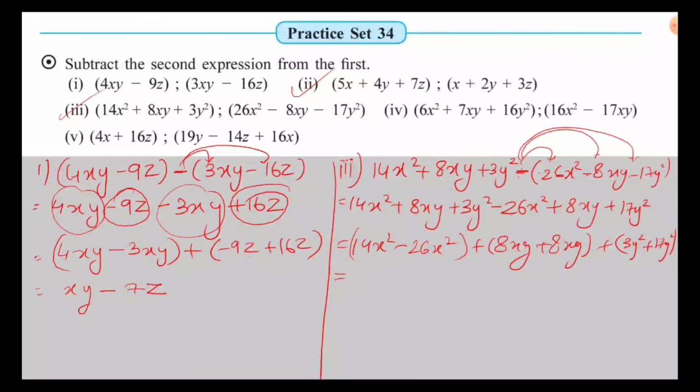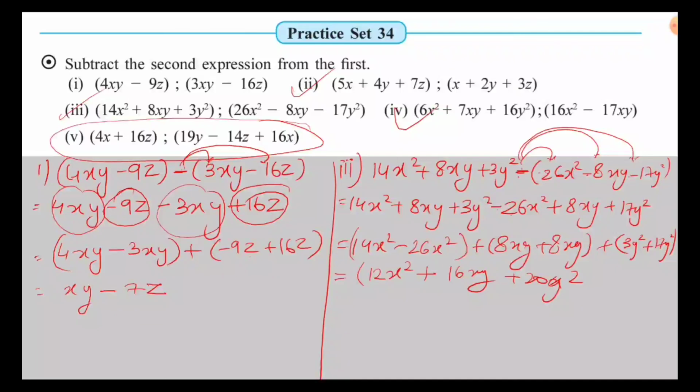Okay, so 14x square minus 26x square is how much? Minus 12x square, plus 8 plus 8 will be 16xy, plus 3 plus 17 will be 20y square. That's it. Okay, this will be the third sum over here. Okay, now the fourth sum will be your homework and the fifth sum also.